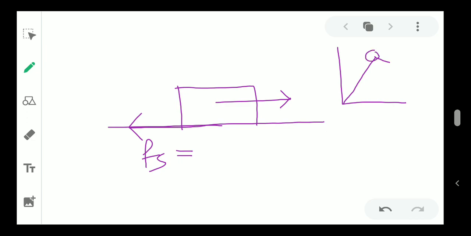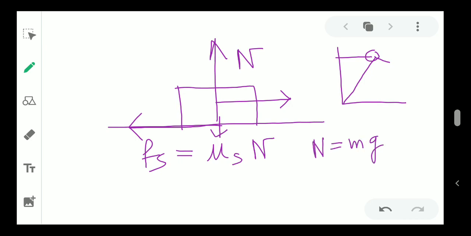This maximum limit we called limiting friction, and we have seen that this limiting friction is proportional to the normal reaction, and we can write mu s into N, whereas the normal reaction N is the reaction given by the floor to the block due to its gravity, which was working down. So normal reaction is nothing but your mg, so the frictional force you can always write as mu s mg, and we can do some numericals using this formula.